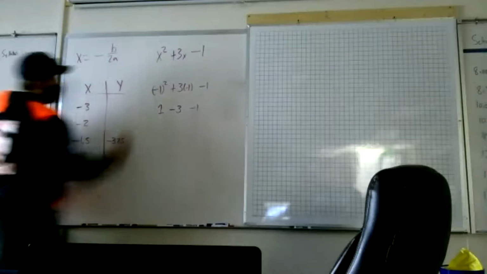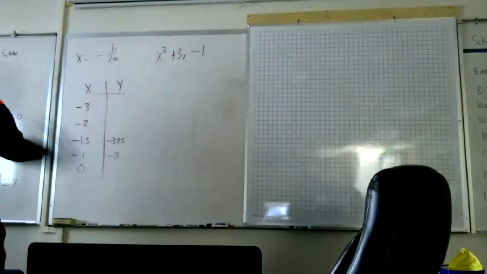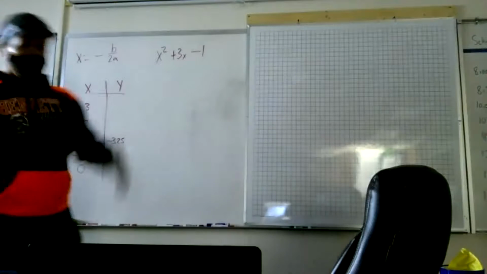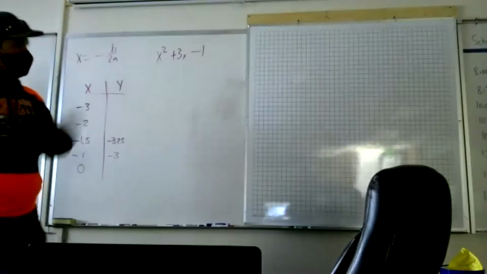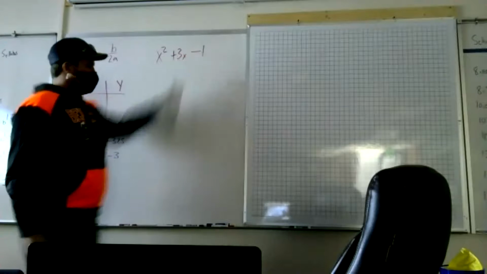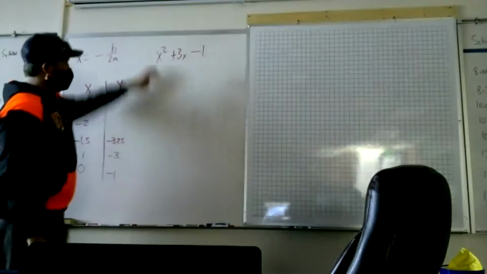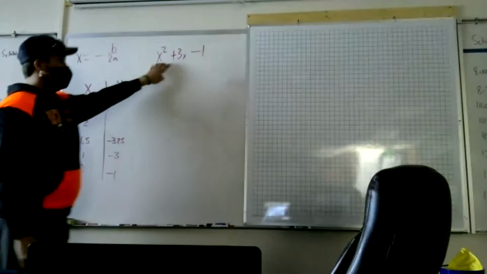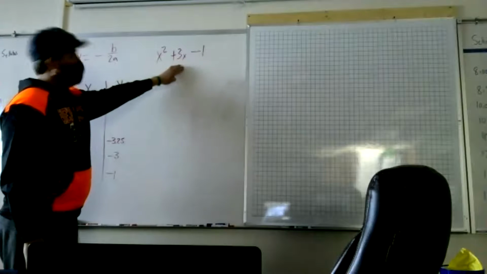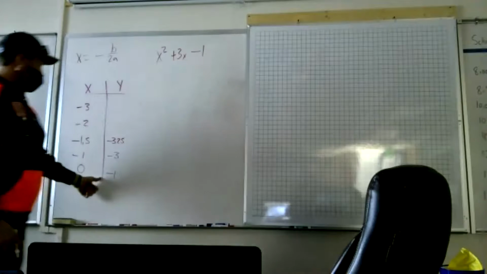And then 0. 0 will also be the location of my y-intercept, from the key concept that I just had up. If I plug in 0, my y value is going to be -1, because 0 squared is 0, plus 3 times 0, which is 0, minus 1. So 0 plus 0 minus 1 gives me -1.